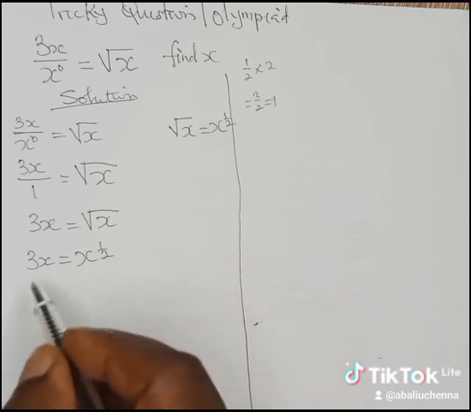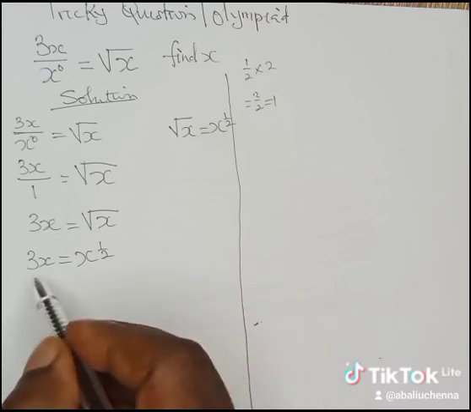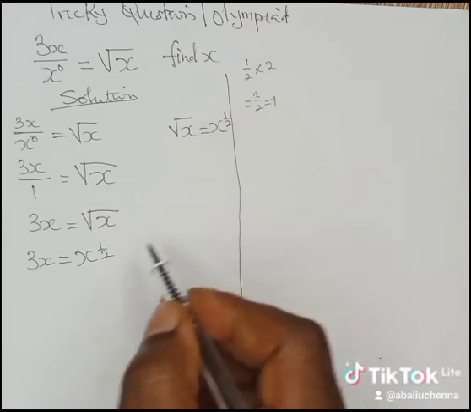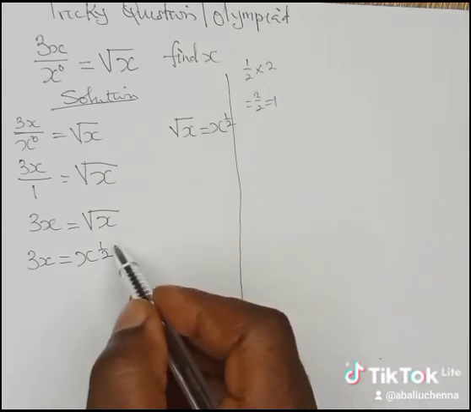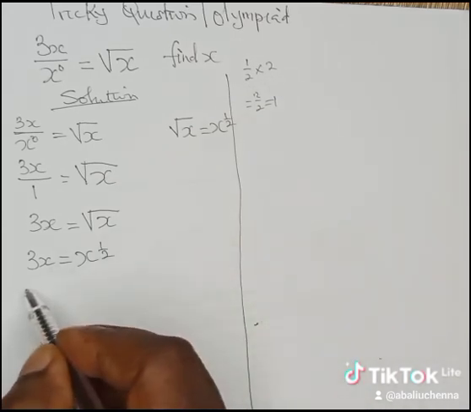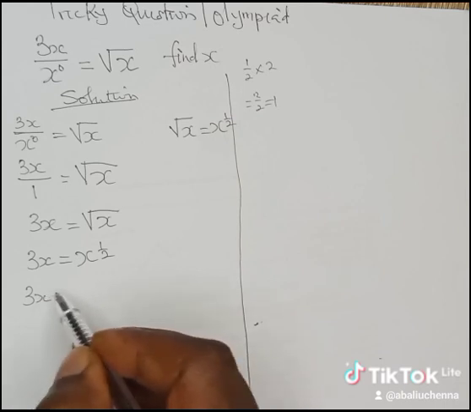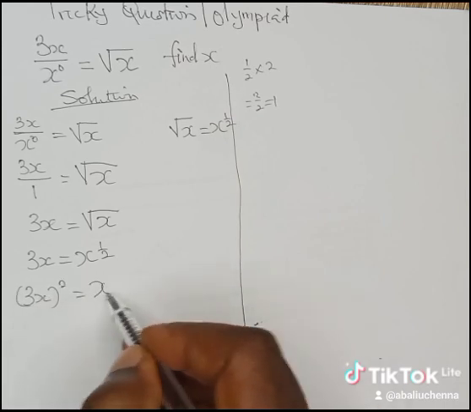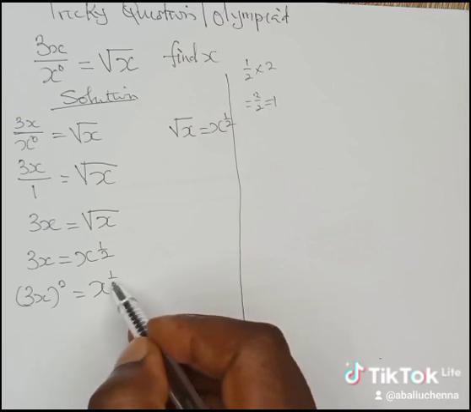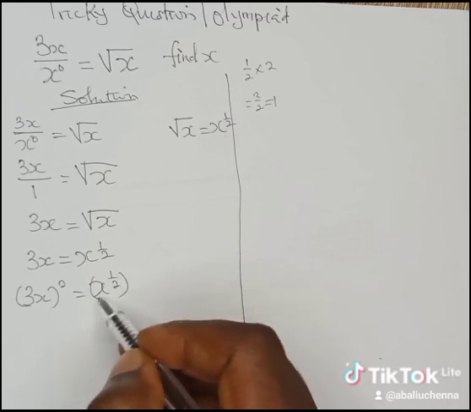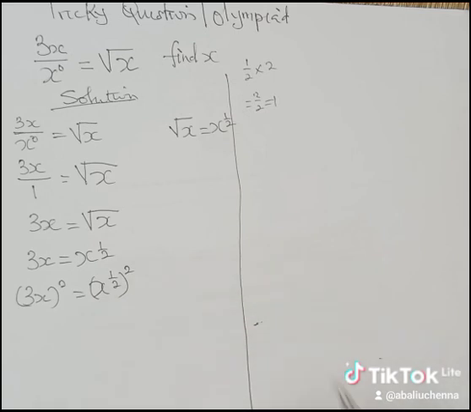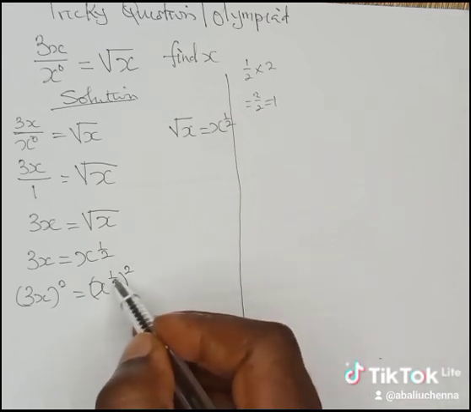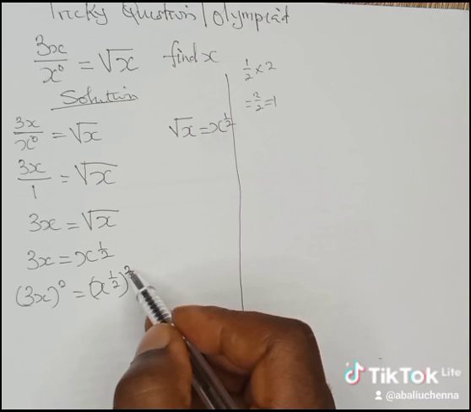It simply means I'll be squaring both sides. So it will be 3x all squared equals x to the power of 1 over 2, all squared. In that case, I am allowed to multiply the power here by the power outside the parentheses.